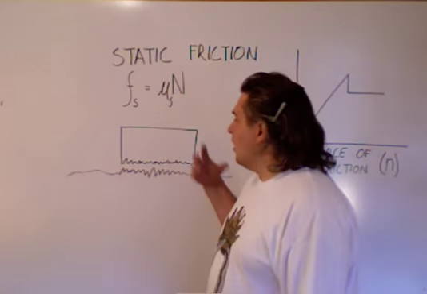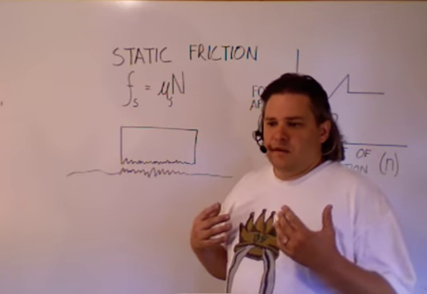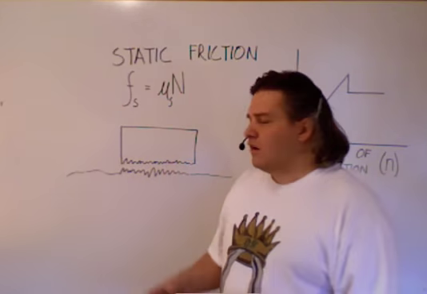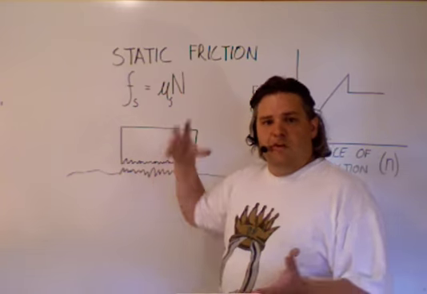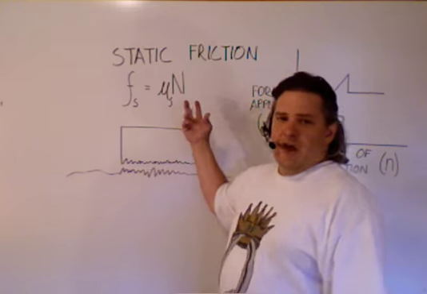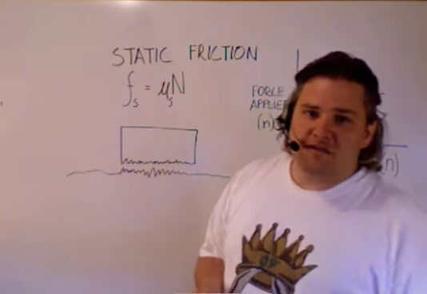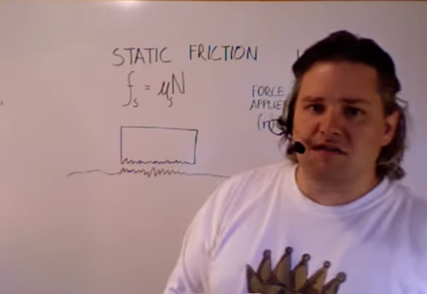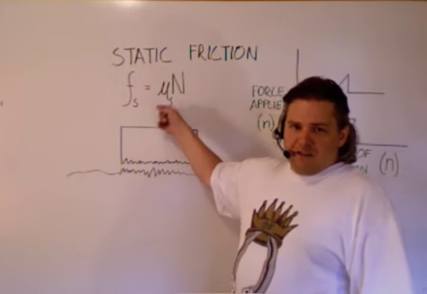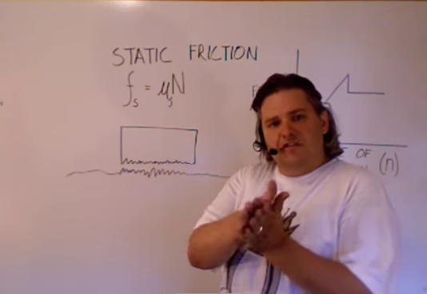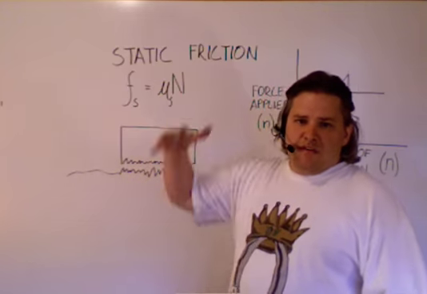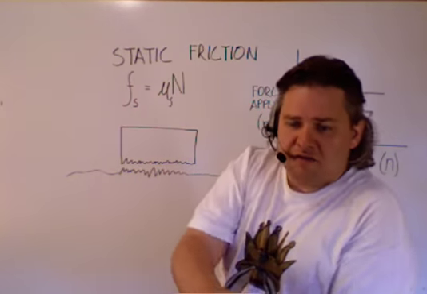In order to convey the idea that it's how much I'm pushing down with, we use the normal term, which is the response to how much you're pushing down with. That would include weight in some cases. It will include an applied force in some cases, depending on the situation, of course. So the coefficient of static friction, which is how well those surfaces are interlocked with each other, times the normal, which is how much force I'm applying down on that surface.